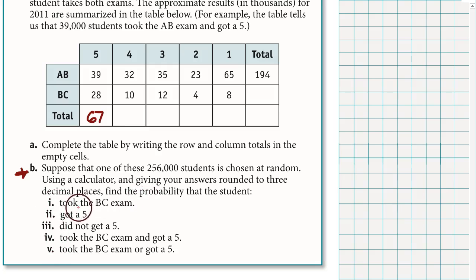So question 1, what's the probability the person took the BC exam? Well, think about what you would need to know to get that. You would need to know how many total students there were. That was the 256,000. But you'd also need to know how many students took the BC exam. That would involve finding that total box.